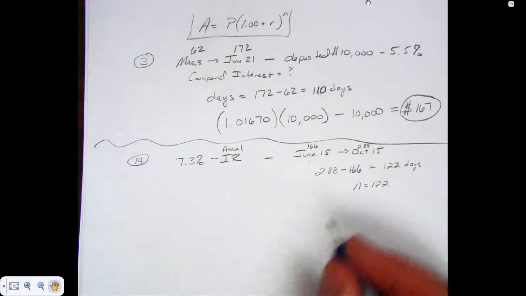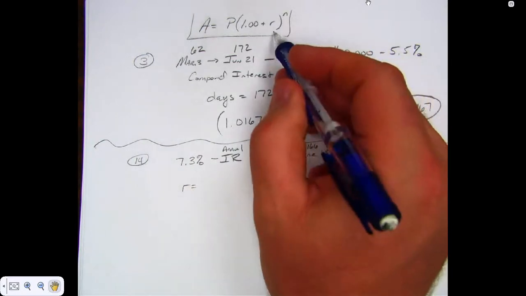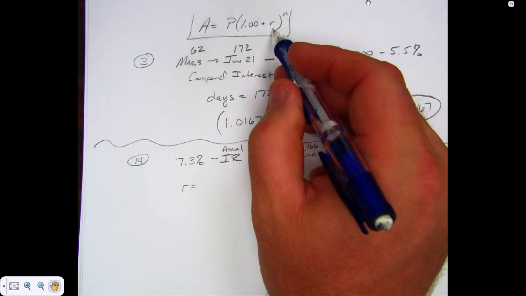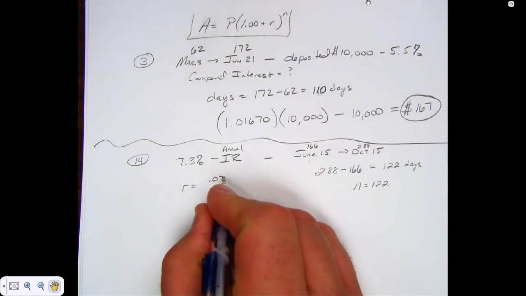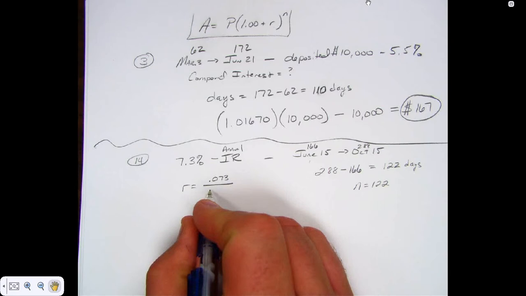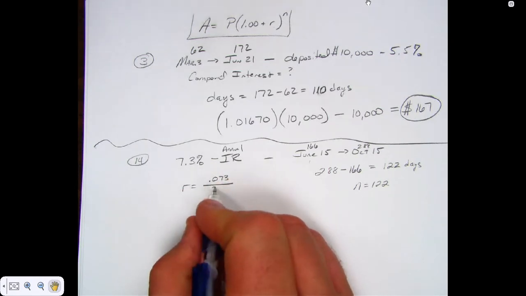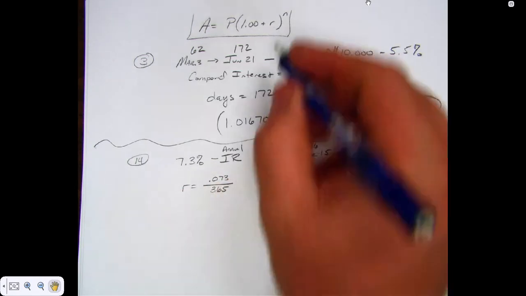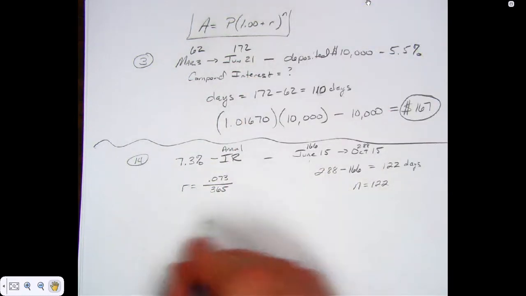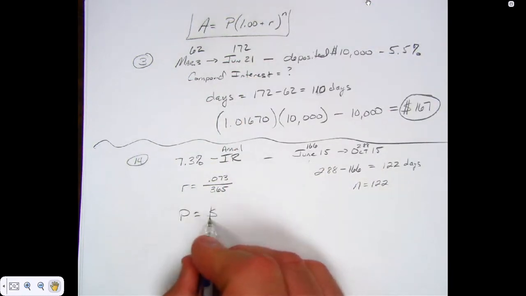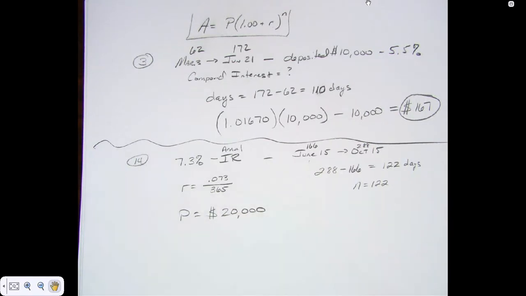Now I need r. How am I going to find the interest rate? That's the rate per period in this formula from 5-6. I'm going to take .073 and divide it by how many periods are in a year, because that's the annual rate. 365. So that's what my r is going to be. And then my principal is how much I invested, which is $20,000. Is that correct?